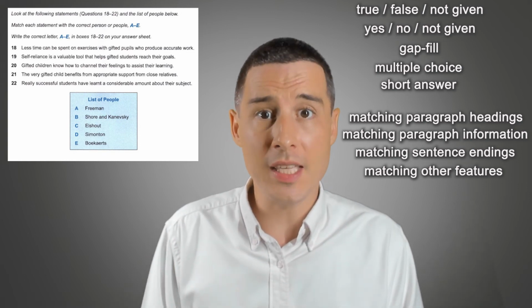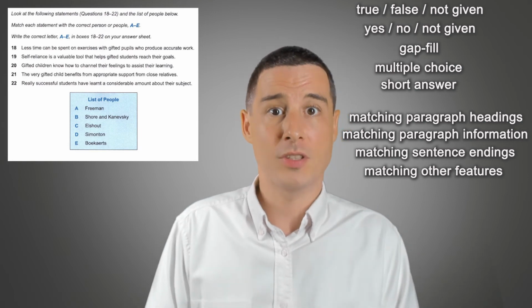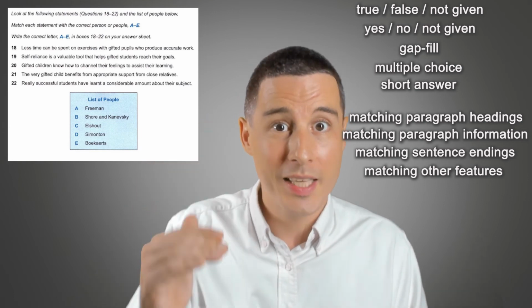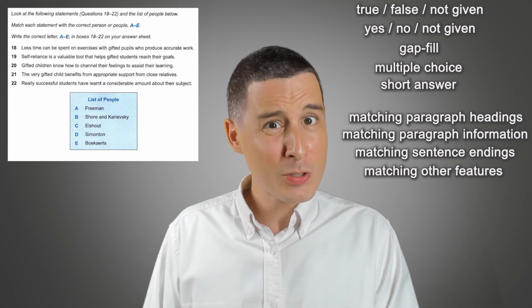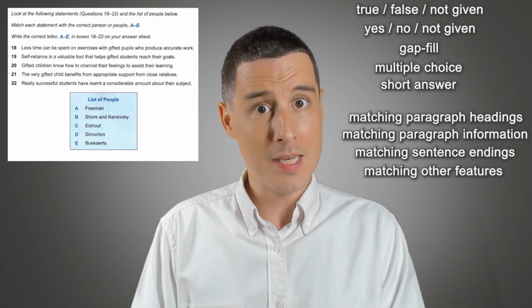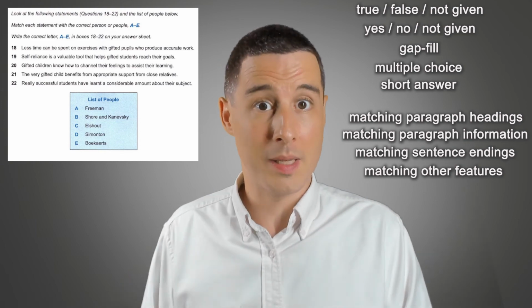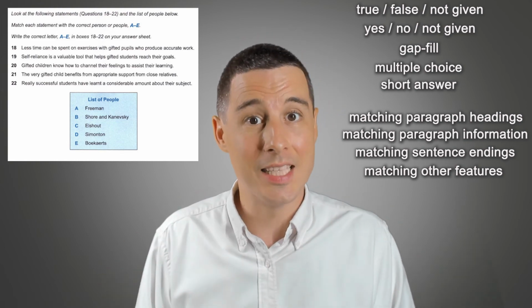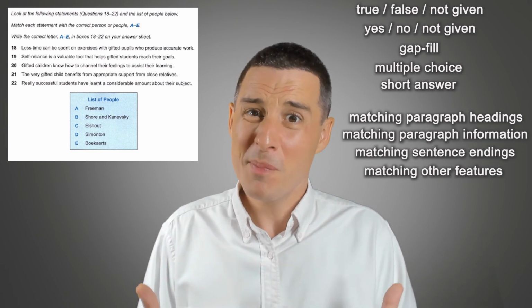Again, not the easiest question to do, because of time. It often takes a long time because it's not in the order of the text. But most of the time with this style of question, it's going to be giving you people's opinions that are in the text, and you've got to match those opinions with the person. You can see that's the example here.